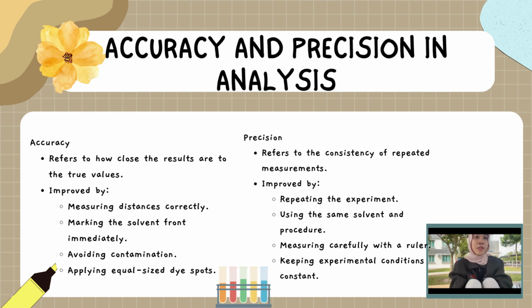To improve precision, we repeat the experiment using the same solvent and procedure, measure the distance carefully with a ruler, and keep all experimental conditions constant. By following these steps, we were able to obtain results that were both accurate and reliable.